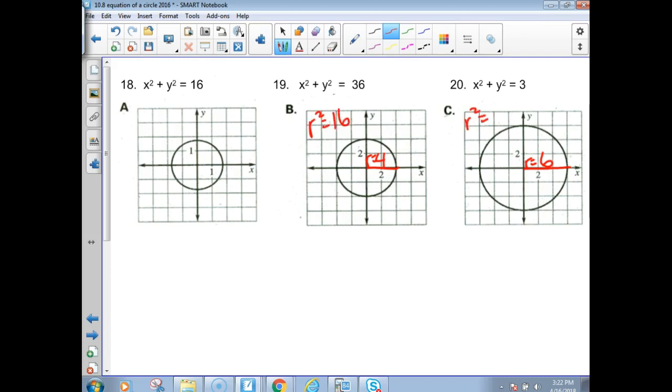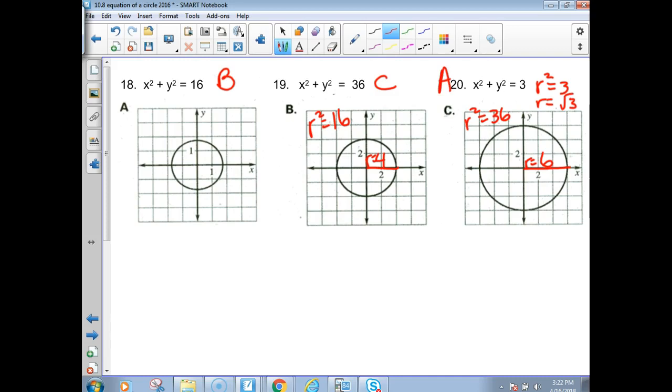Remember, r squared would be 16 here. R squared would be 36 there. So I can match the equations now. Number 18 is the picture of B. Number 19, the picture would be C. And then I can double check this one. R squared equals 3, so r would be the square root of 3 for that last one.